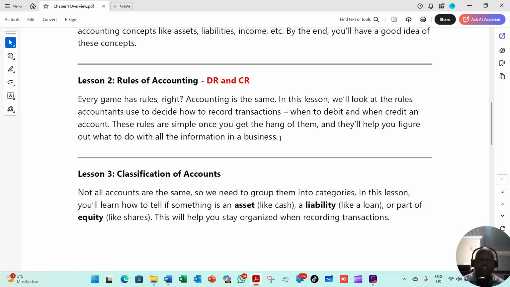Actually, you are learning the rules of increasing and decreasing. You should know when an account is increasing, to which side of accounting does it go, and when it is decreasing, to which side does it go. Very, very important, because if you do not know this, then your accounts will not balance.